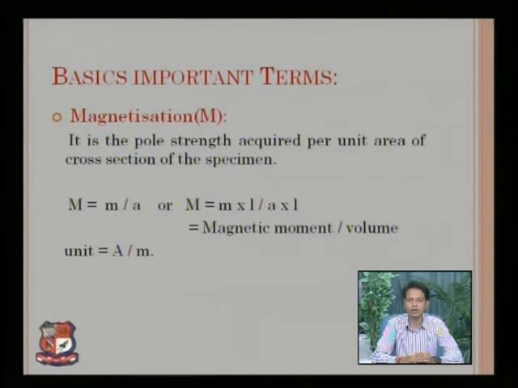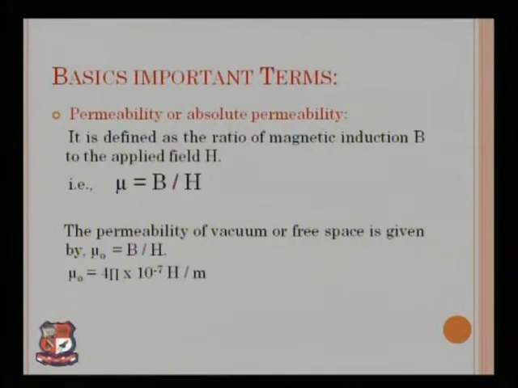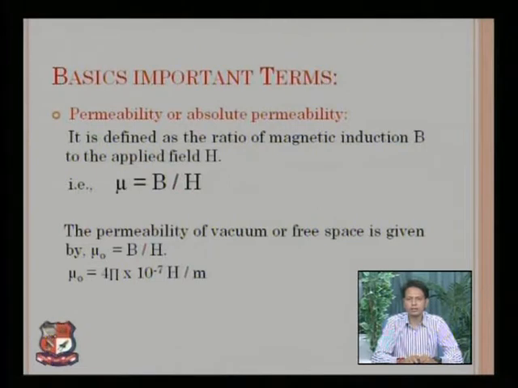Let us move towards the next slide and define the new basic term. This basic term defines permeability or absolute permeability, and with respect to that we will also describe the permeability for free space.